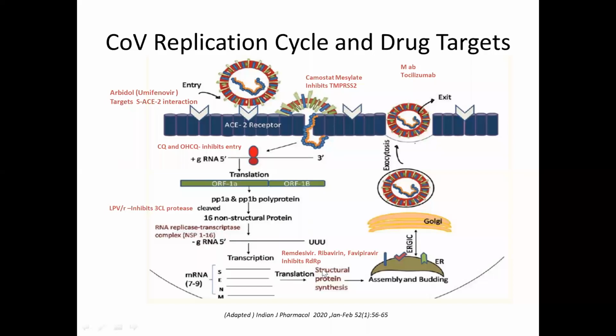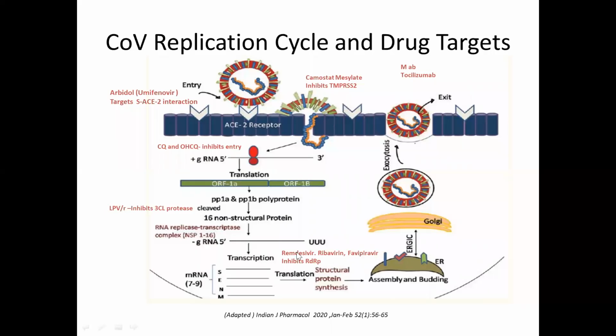And then subsequently, one of the key drugs that is being tried with significant impact is remdesivir, with the second drug, favipiravir, which works likewise, that inhibits the RNA-dependent RNA polymerase that is required for translation to form the structural proteins that are required for assembly for the virus.